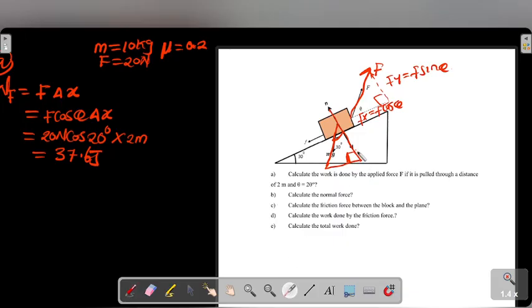So since this is 90 and the angle is here, this side becomes cos. So it will be mg cos theta. Okay. So this side we have mg cos theta. Then this side, this is mg sine theta. So we are just following our right angle triangle.